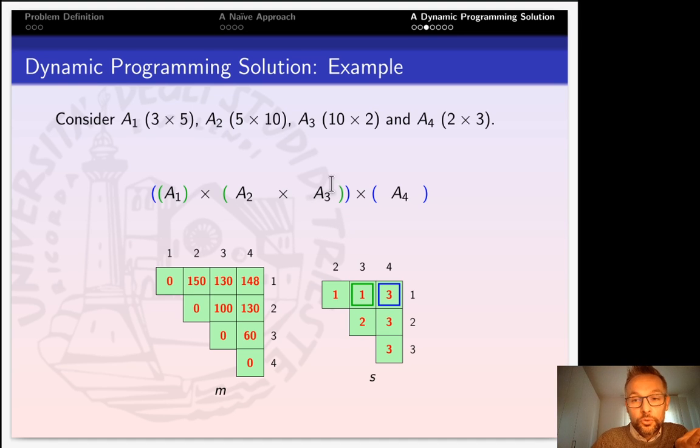But if I want to go on, I need to look at 2, 3, this number. Okay, here we are. And so right now I know that this is the best parenthesization I can get from the point of view of the minimal number of scalar multiplications to solve the problem.